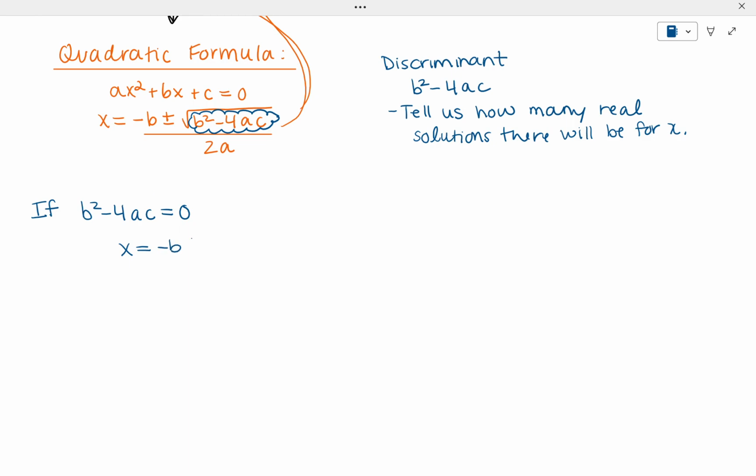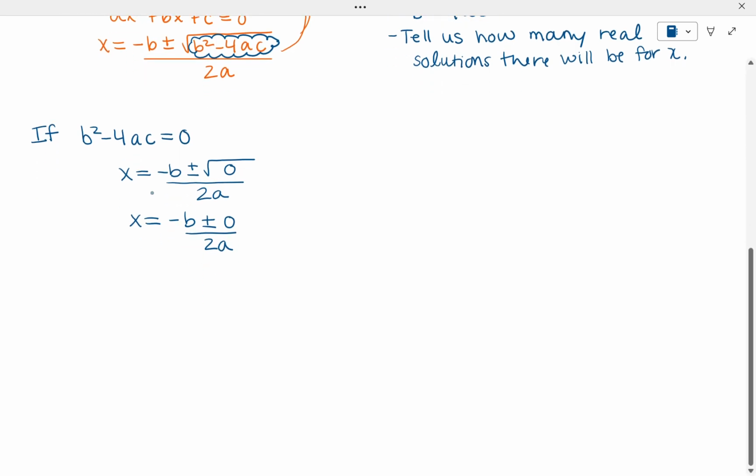So negative b plus or minus, we're substituting 0 into b squared minus 4ac, so this would be the square root of 0 over 2a. And the square root of 0 is 0. And so then x equals negative b over 2a plus or minus 0 over 2a.